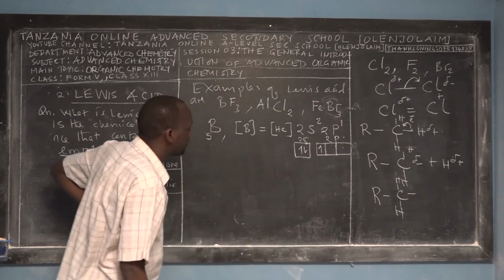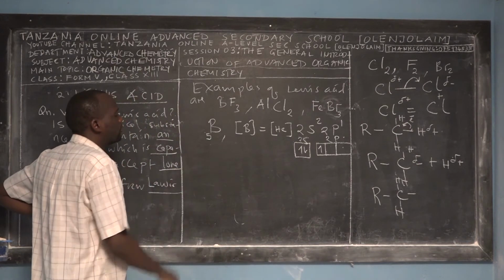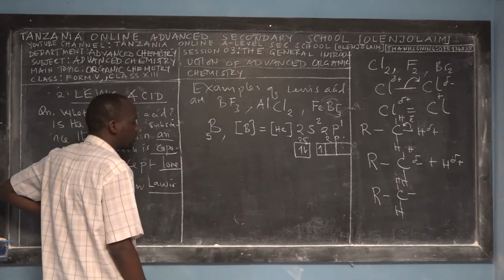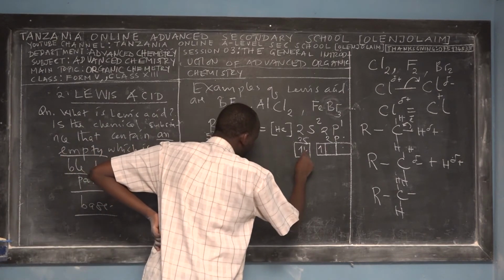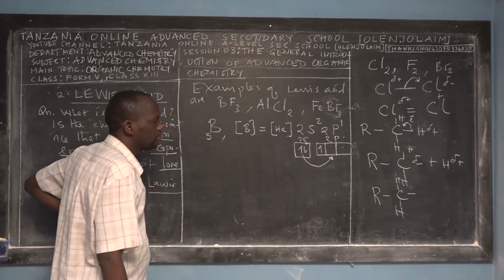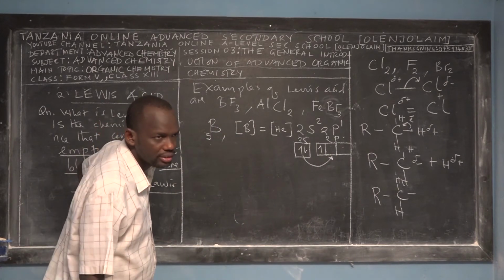Now, how is boron trifluoride formed? First of all, we promote one of the electrons from 2s to 2py.